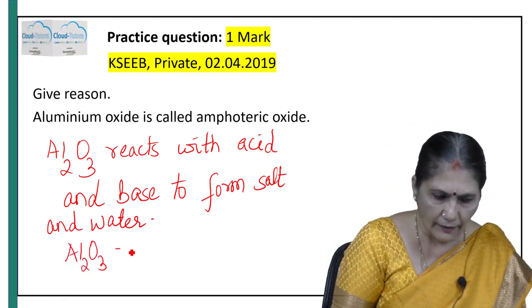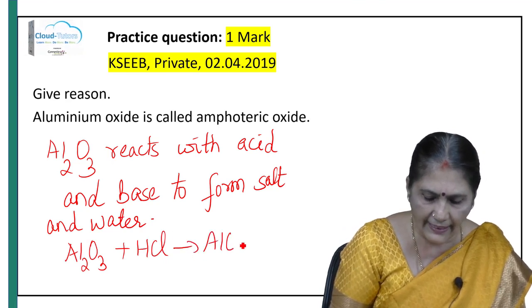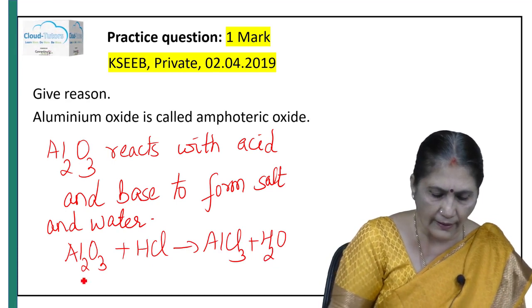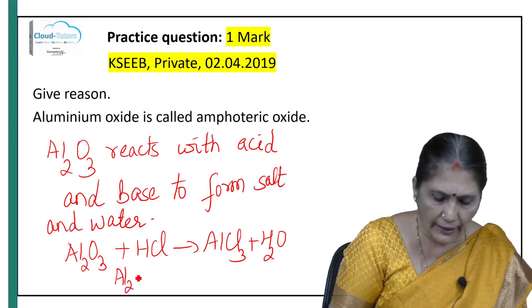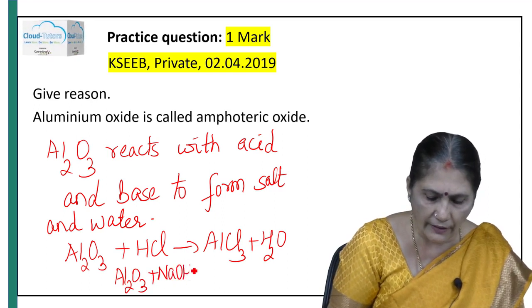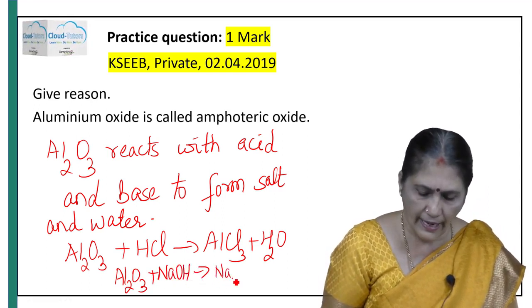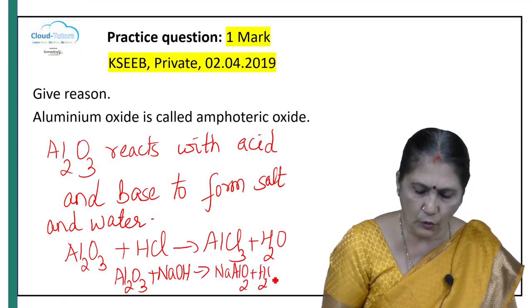Al2O3 plus HCl gives AlCl3 plus H2O. Then Al2O3 plus NaOH gives NaAlO2 plus H2O.